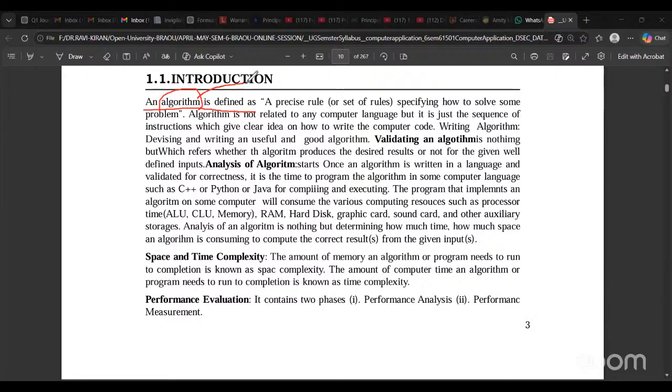An algorithm is a precise rule. It means it is a set of rules, and precise rules means they are countable: 1, 2, 3, and so on.